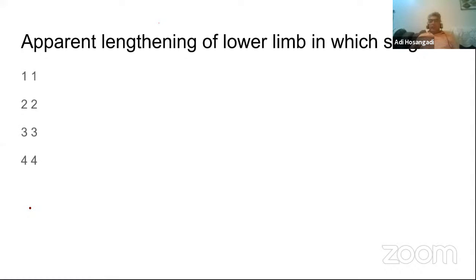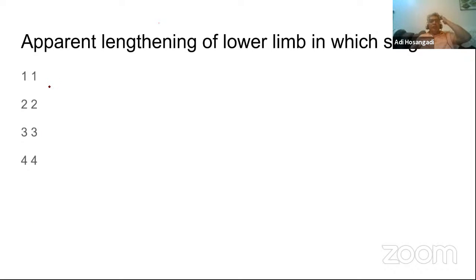Anybody, just try and answer, to keep the interaction live. Apparent lengthening of lower limb happens in which stage of tuberculosis? Stage 1, 2, 3 and 4. I will come to the stages in a while.